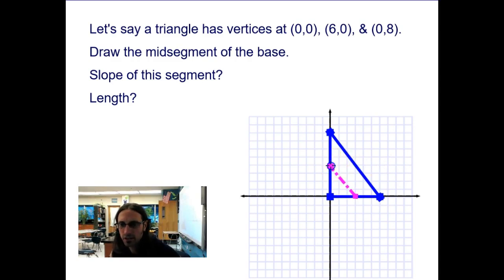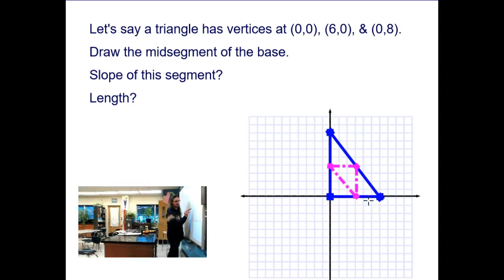Well, it's got to connect to this middle one as well. Since it's a right triangle, this makes it really easy. But look at that. What is the slope of this segment right here? So I said draw the midsegment of the base. Well, this slope here is parallel to this slope here. Prove it. Well, you'll notice I'm going down 8 over 6.